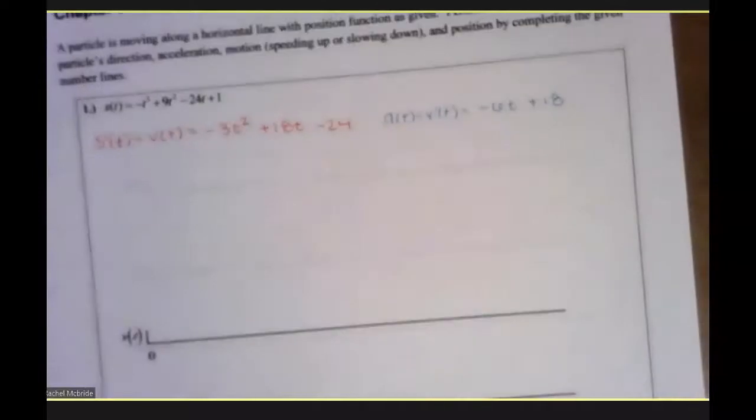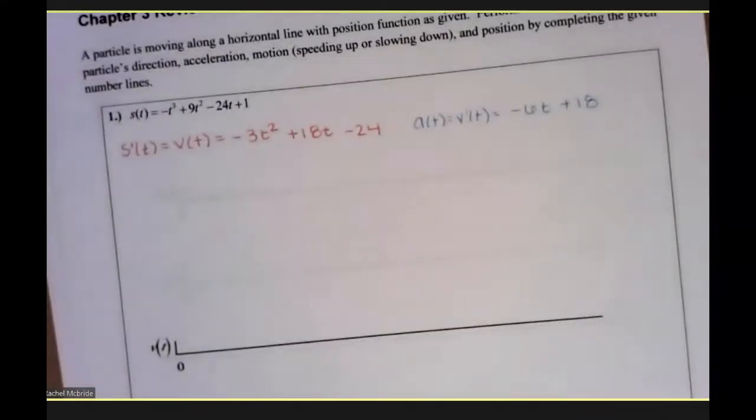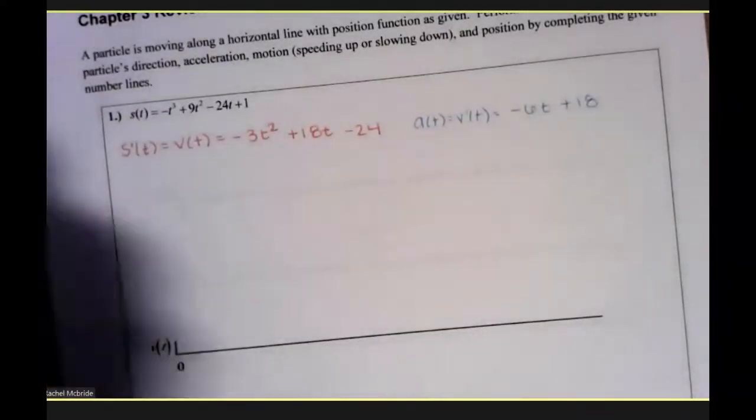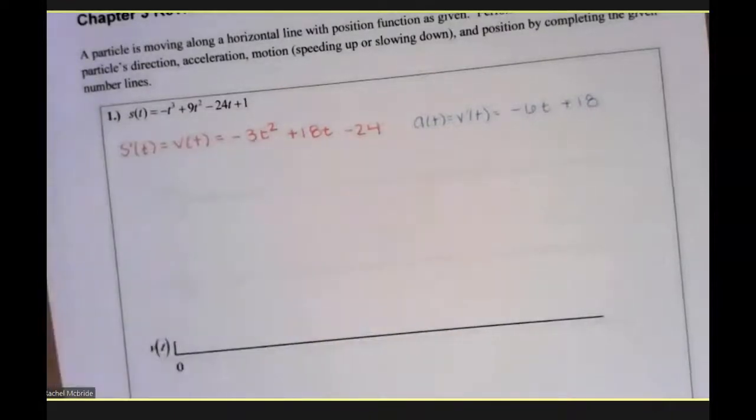So we found our velocity and we found our acceleration, but it asks us to give an analysis of the particle's direction. Well, in order to get an analysis of direction, we need to really be able to know where does the function change direction, which means we need to find the zeros of velocity.